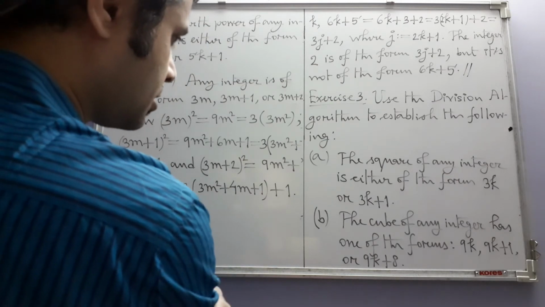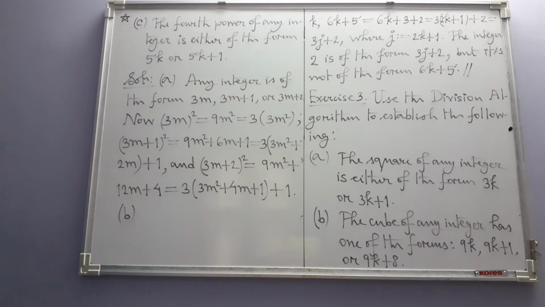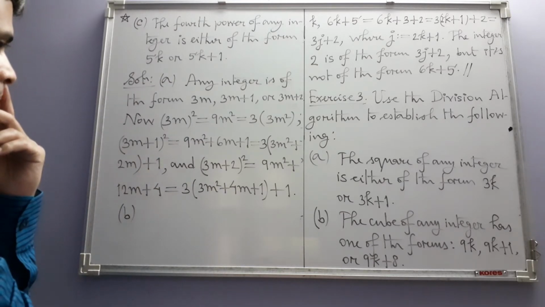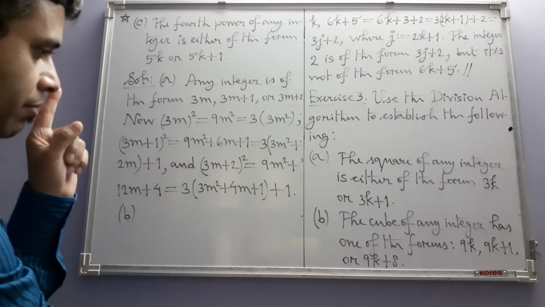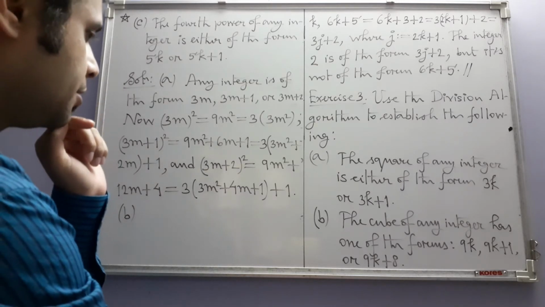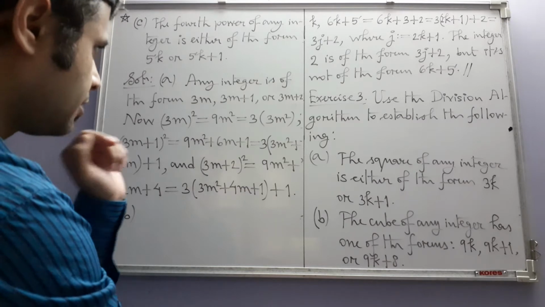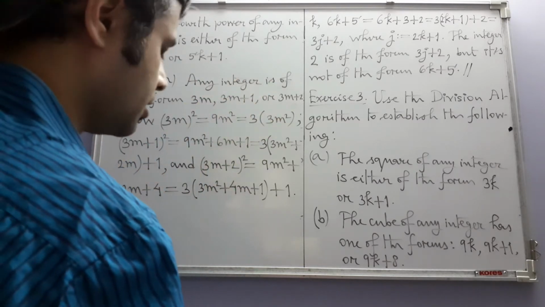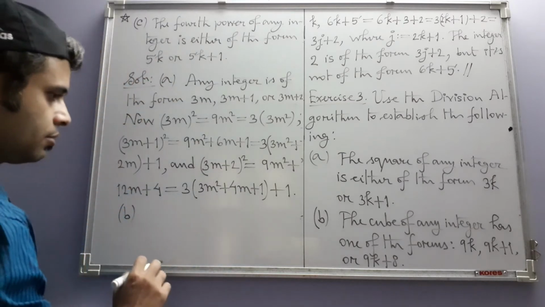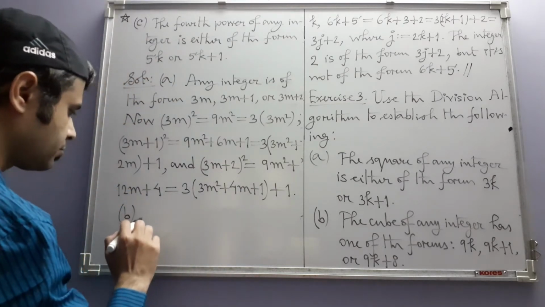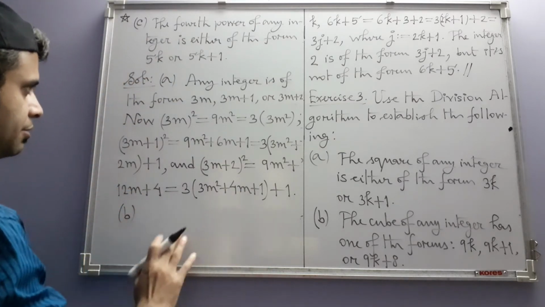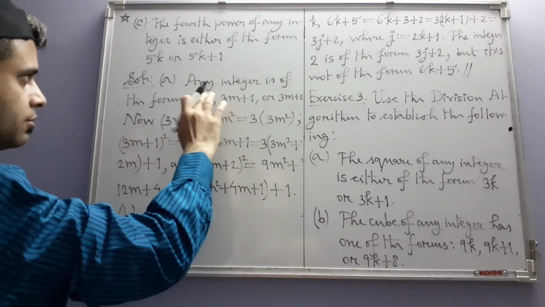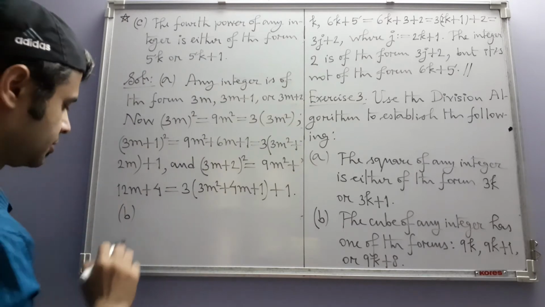Instead of considering all the possible forms, because we will be calculating cube, we can consider in fact these forms. That will be enough for the job. So let's just look at cubes of all these three forms.